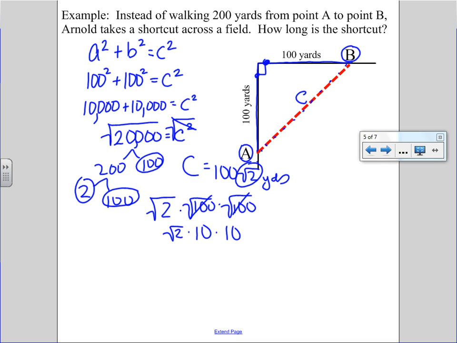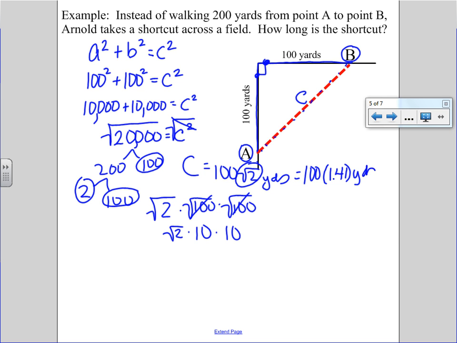If you remember, great. If you don't, the way we find it is by punching it into our calculator. So we're going to take 100 times that 1.41 yards. Okay, it's still yards because that's the distance. And whenever we multiply those out, we get 141 yards. That would be the distance. So a little less than 1.5 football fields to give you some perspective.